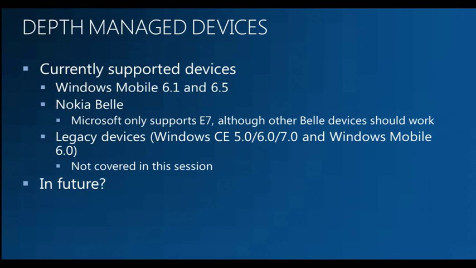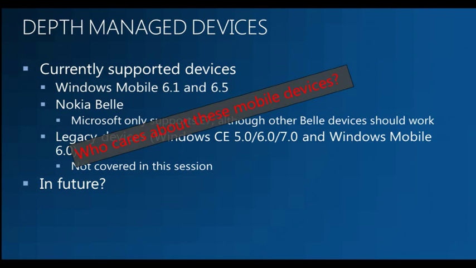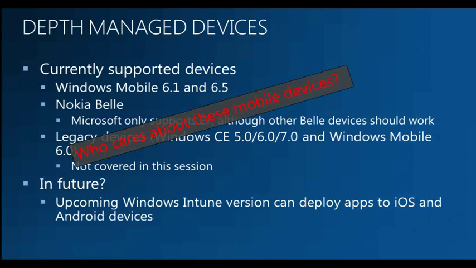And that's something we're not going to cover. The interesting part is what will be supported in future. This upcoming Windows Intune can deploy applications to iOS and Android devices.